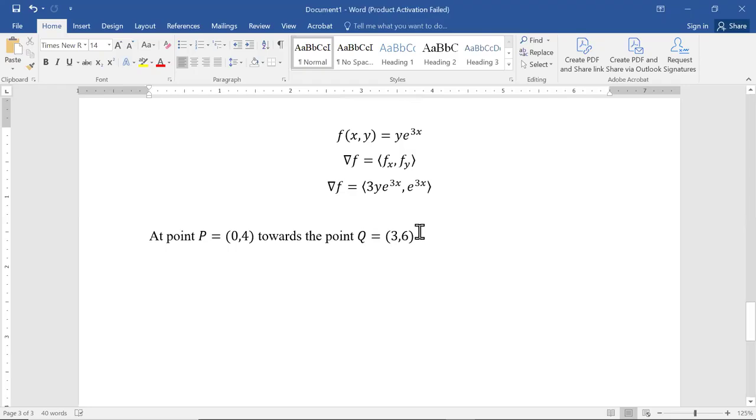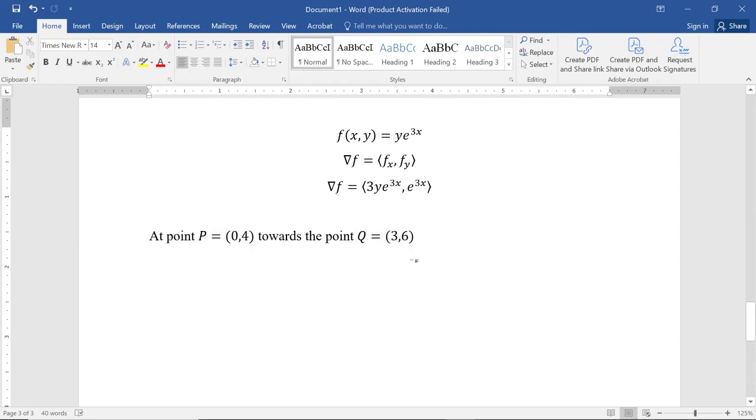All right, so again, previously we've already found the gradient. The gradient of f is (3y e to the 3x, e to the 3x). So I won't do that again. We want to find how z is changing as we are at point (0, 4) and moving towards point (3, 6).